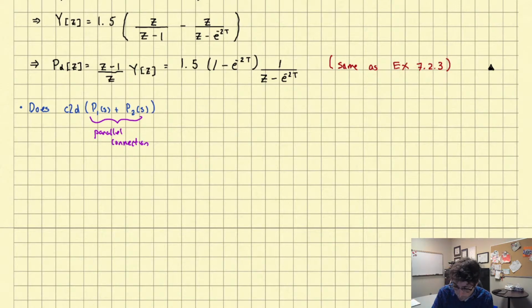Does that equal the parallel connection of the discretizations? You can think about this yourself, but the easiest way to answer that is to draw the block diagram and convince yourself that this is true. So the answer is yes.